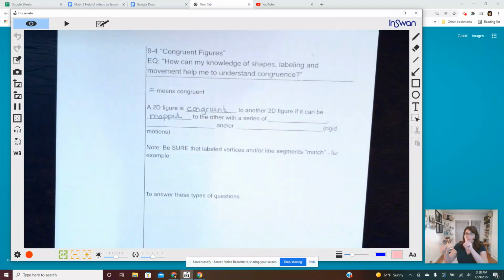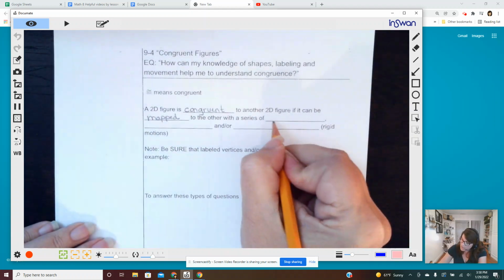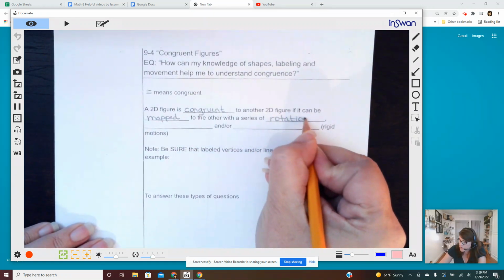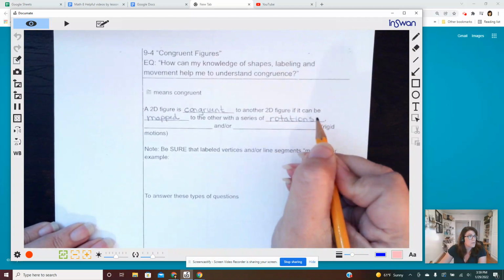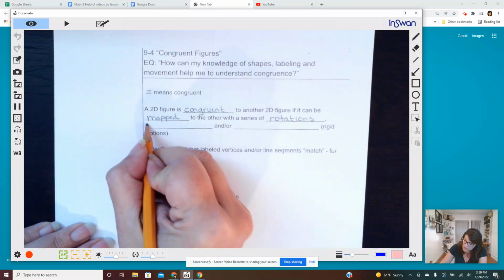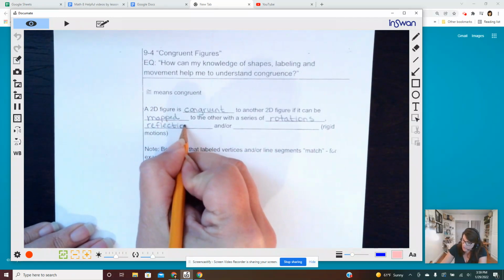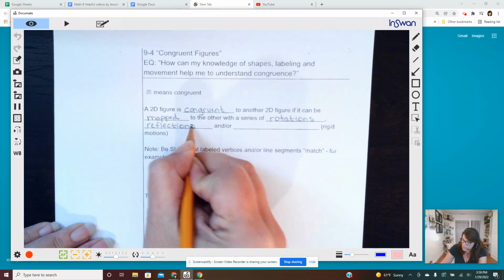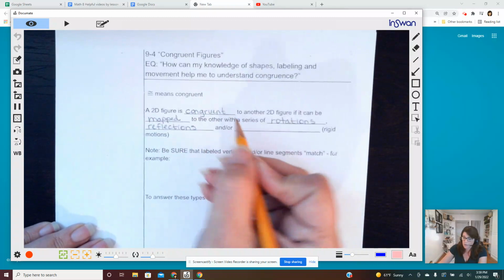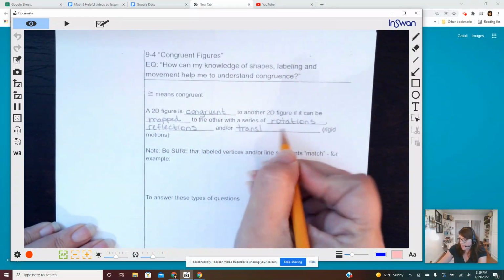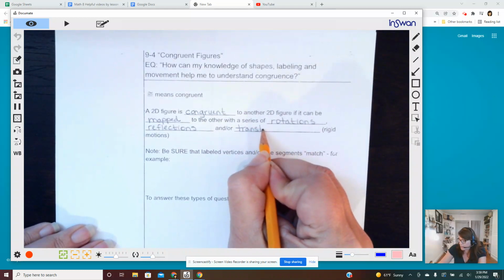So you have to be able to prove how they're related or connected, with a sequence of rotations, we studied those, reflections, we studied those, and/or translations, which means it might use one of these, it might use more.